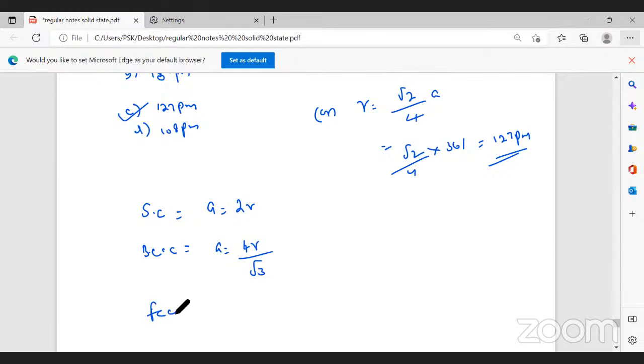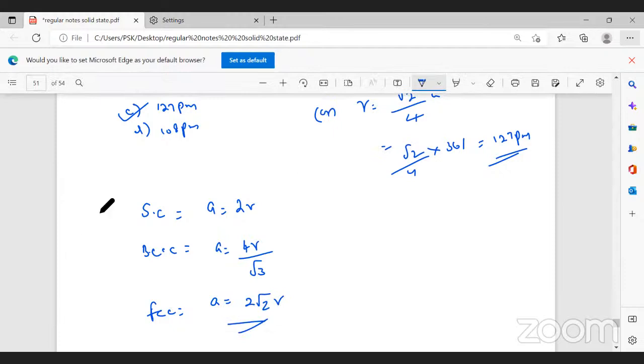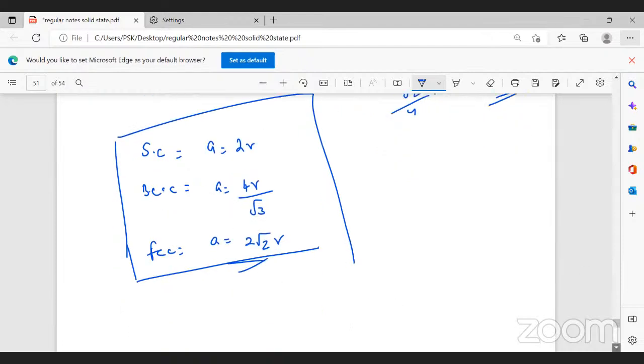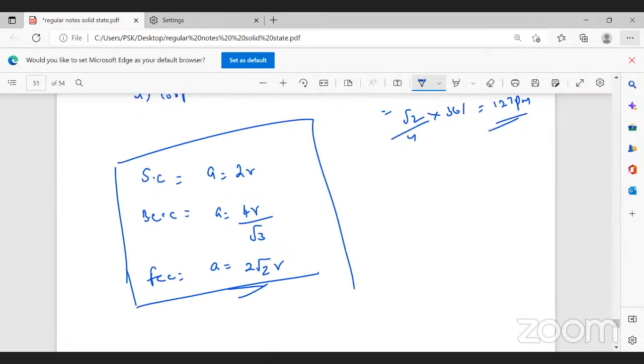And for FCC, edge length A is equal to 2 root 2 R. So these three relations are a must to work out problems based on edge length and radius. Any clarifications, quickly you can ask me.